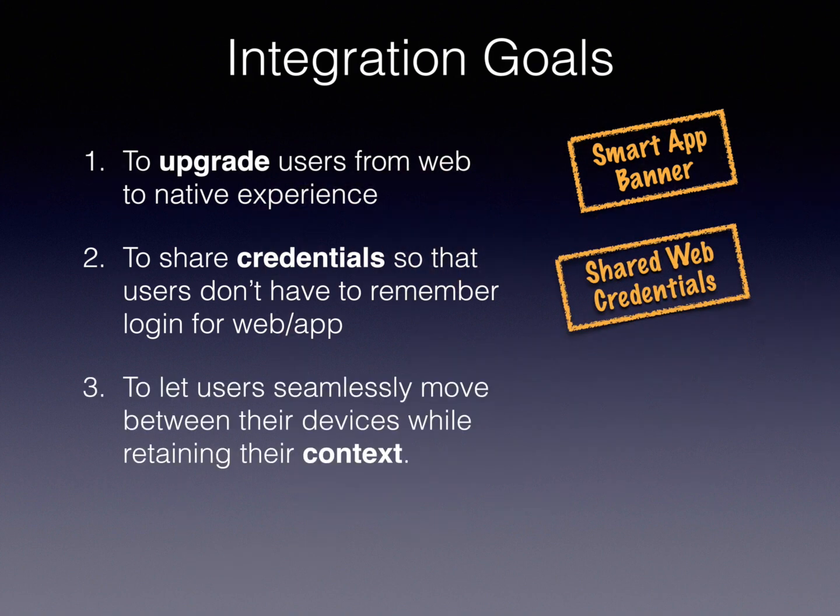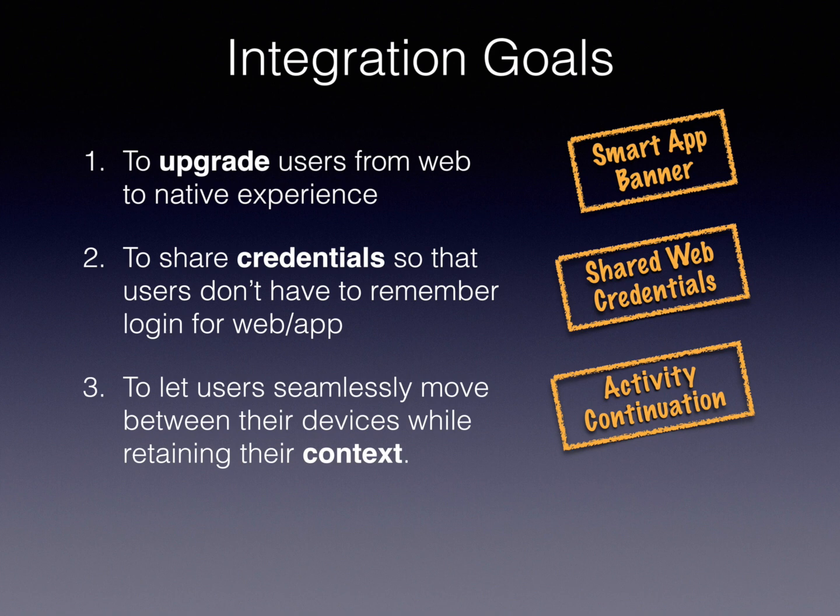Second integration goal is that the user, if he's already created a login on the website, can reuse this login in the app. And that's called shared web credentials. Third goal, we want the user to be able to seamlessly switch between devices, whatever is handy or best for the current thing that he tries to do, while retaining the same context. So he shouldn't have to find the same context every time he goes onto a new device. And this is achieved by activity continuation.